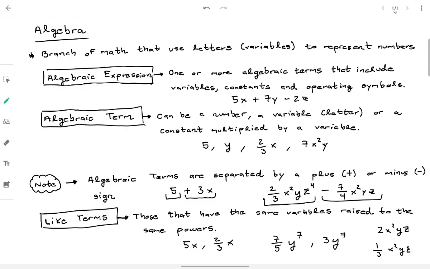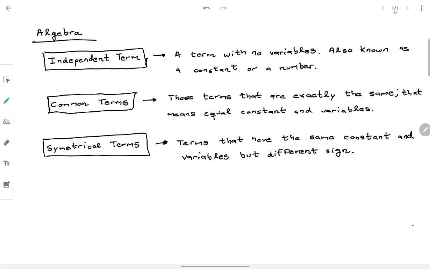So let's see other stuff. We can also define three more specific topics that will help you in the future. The independent term: when we are talking about an independent term, we are talking about a term with no variables. It is also known as a constant or a number.